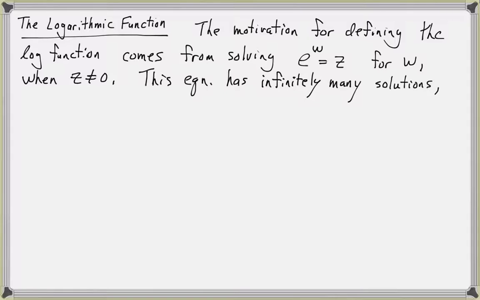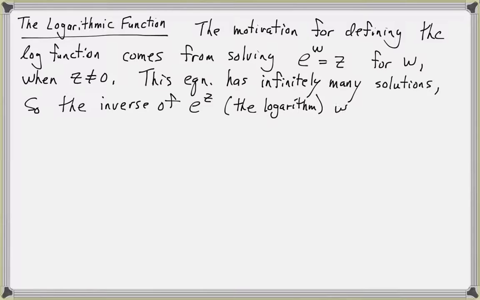So when we find the inverse of e to the z, it will necessarily be multi-valued. The inverse of e to the z, which is the logarithm, will be multi-valued.